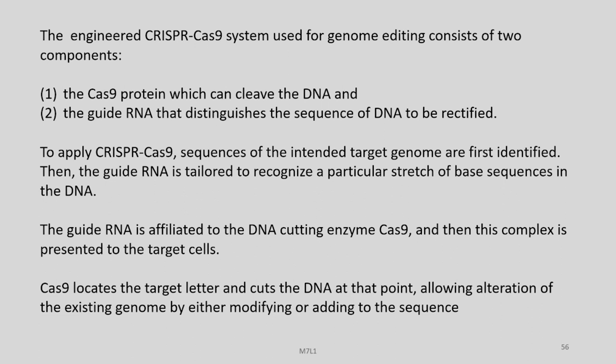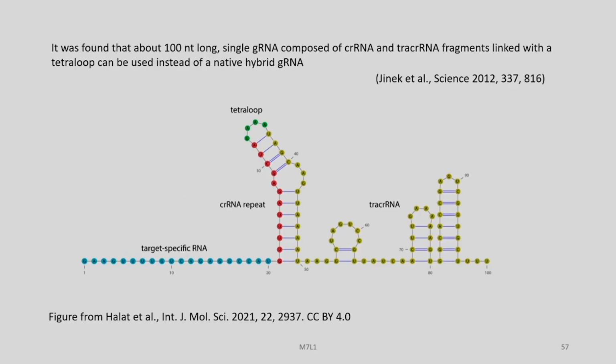The guide RNA is affiliated to the DNA cutting enzyme Cas9, and then this complex is presented to the target cells. The Cas9 locates the target letter and cuts the DNA at that point, allowing alteration of the existing genome by either modifying or adding to the sequence.